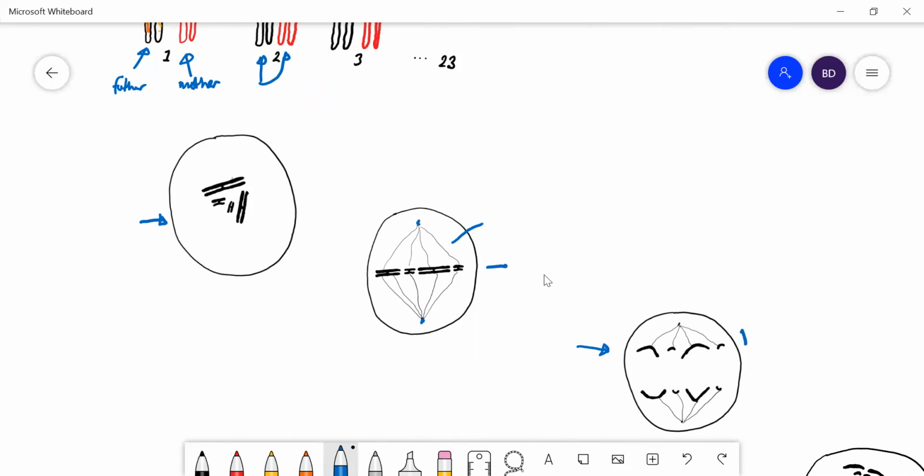So we're getting movement. Those chromatids are getting pulled that way, and these ones are getting pulled that way. And that one there, which we've just done in orange, is an exact copy of that yellow one there. Okay, so they're identical to each other, and they're both heading to separate ends of the cell.